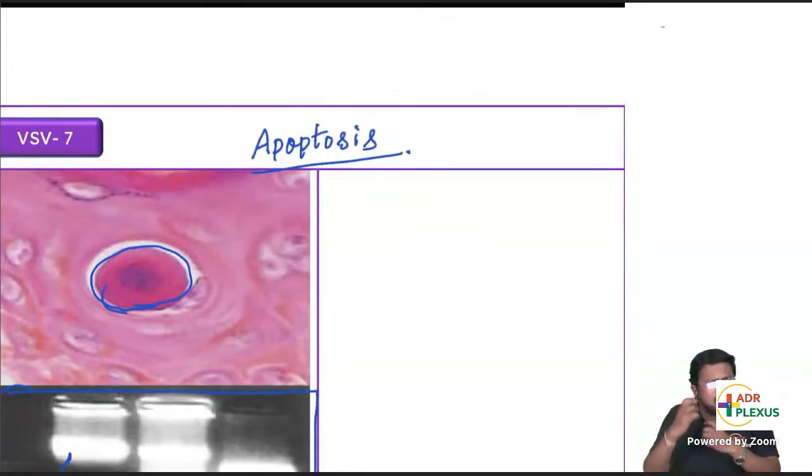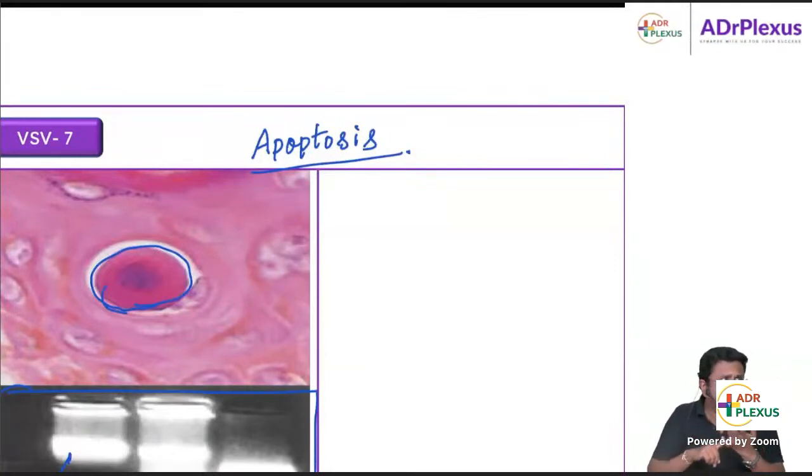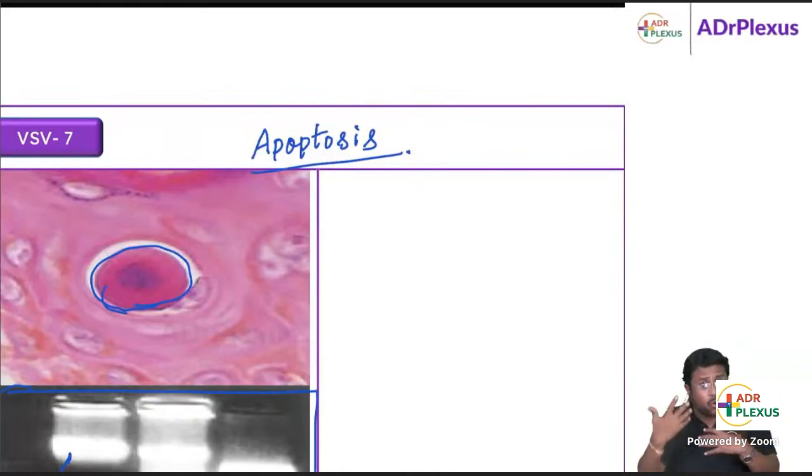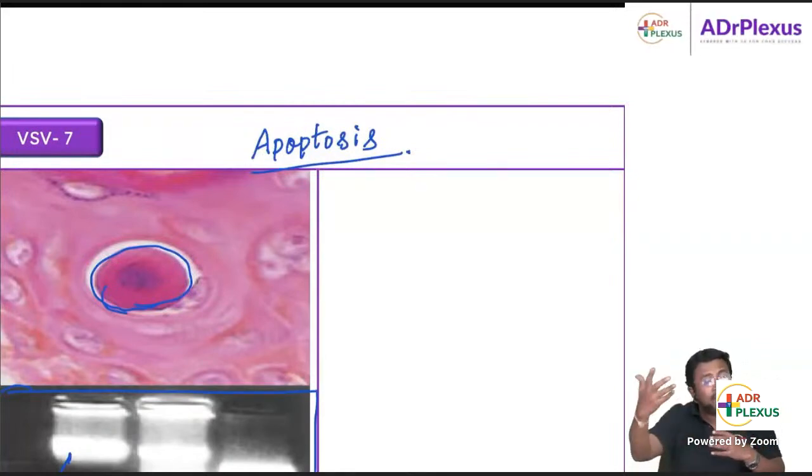You can remember that physiologically, apoptosis can occur in embryogenesis, organ formation. Then neutrophils: they are the first line of defense in any acute or stressful condition, and after their job is over, the neutrophils go in for apoptosis.